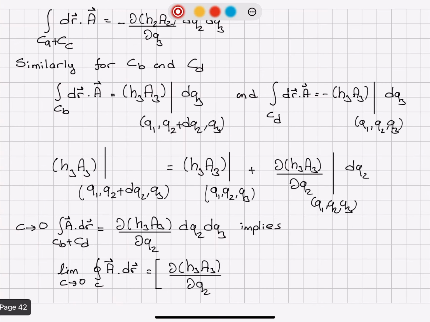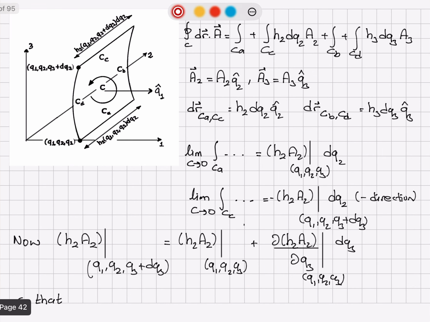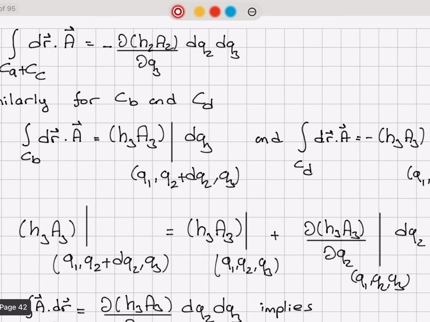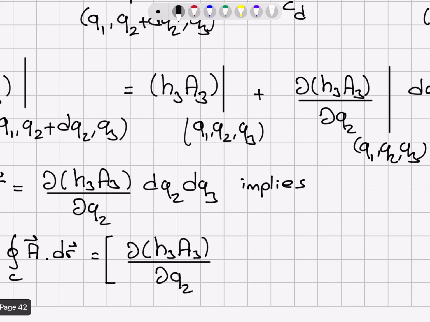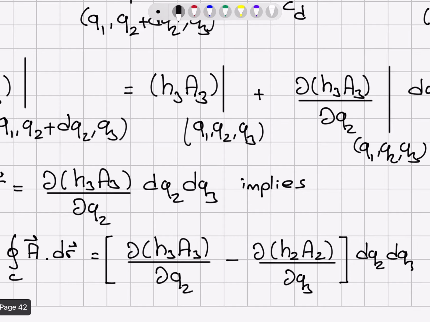So this is the term I have here, and for the other one I have minus del H2A2 del Q3, and this is multiplied by dQ2 dQ3.